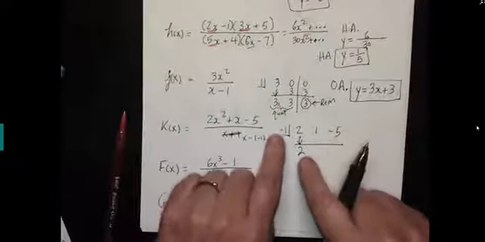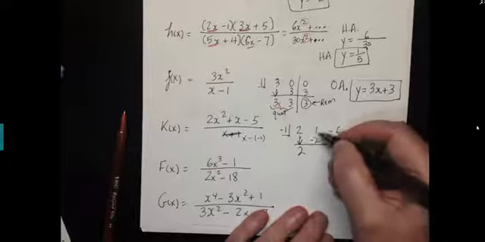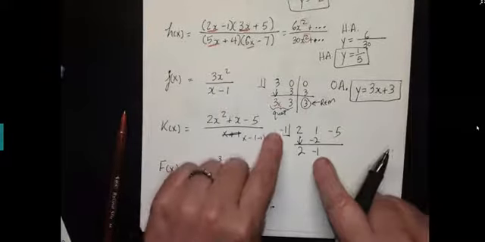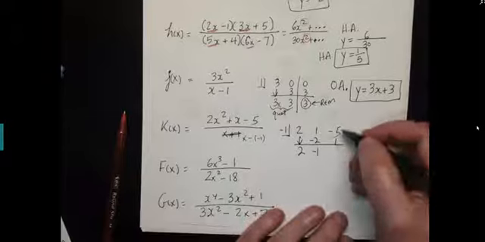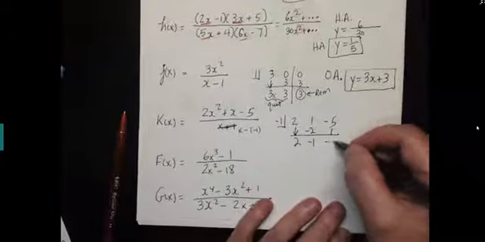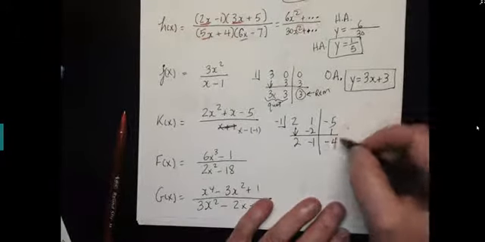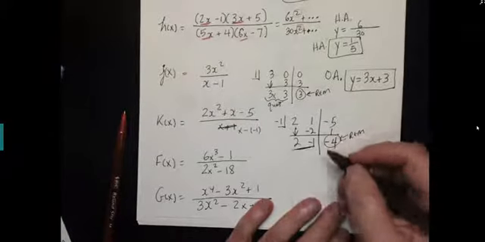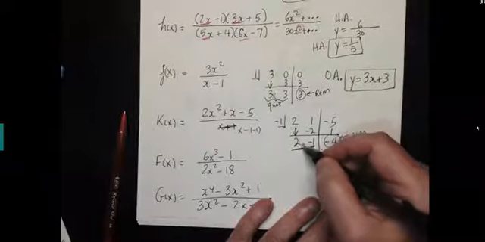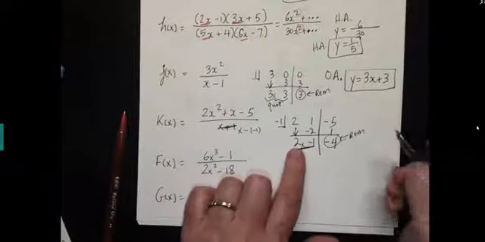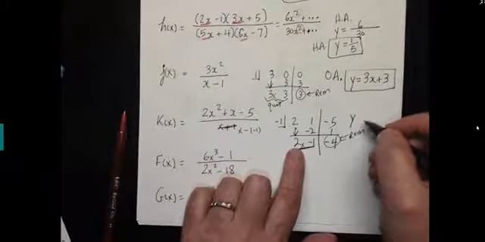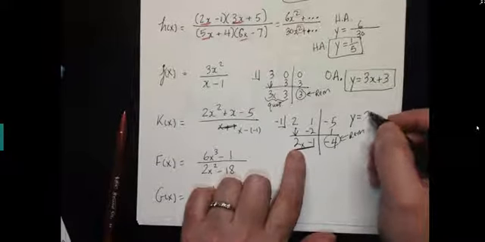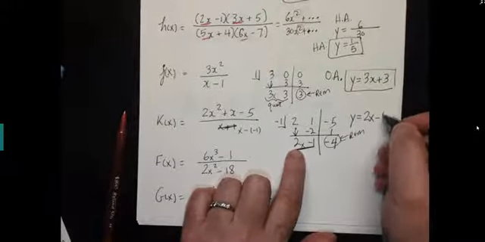So 2 times the number in the box, then I add. -1 times the number in the box, and then we add. So that's my remainder. And that's going to be my quotient. That will be my constant, and that will be my x coefficient. So my oblique asymptote is going to be y equals 2x minus 1.